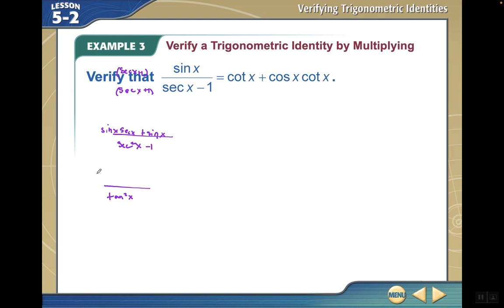So sine x times 1 over cosine x plus sine x. I'm going to rewrite that as sine x over cosine x, just combining that product, plus sine x over 1, and that's my numerator. And then for my denominator, I'm going to change tangent squared to sine squared over cosine squared.